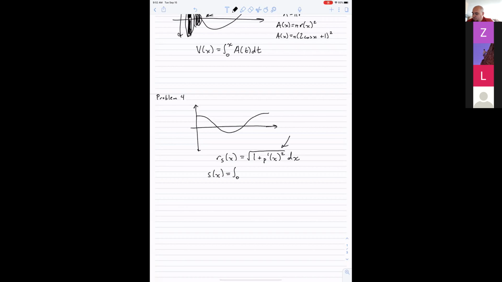So I'm going to go from 0 to some x. This is why I say that once you have the rate of change, that's the most important thing, because from there I can just integrate that. So that's my arc length integral right there.